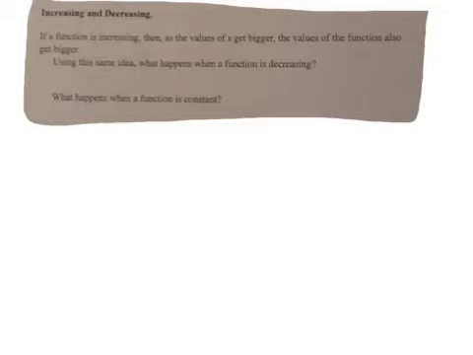So for this, which is on the bottom of your notes on page 2, let's just read along. If a function is increasing, then as the values of x get bigger, the values of the function also get bigger. It says using the same idea, what happens if the function is decreasing?